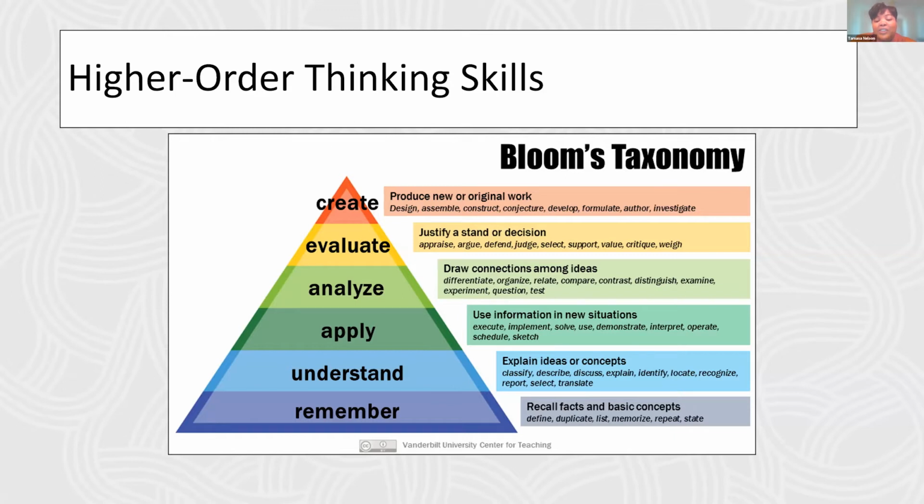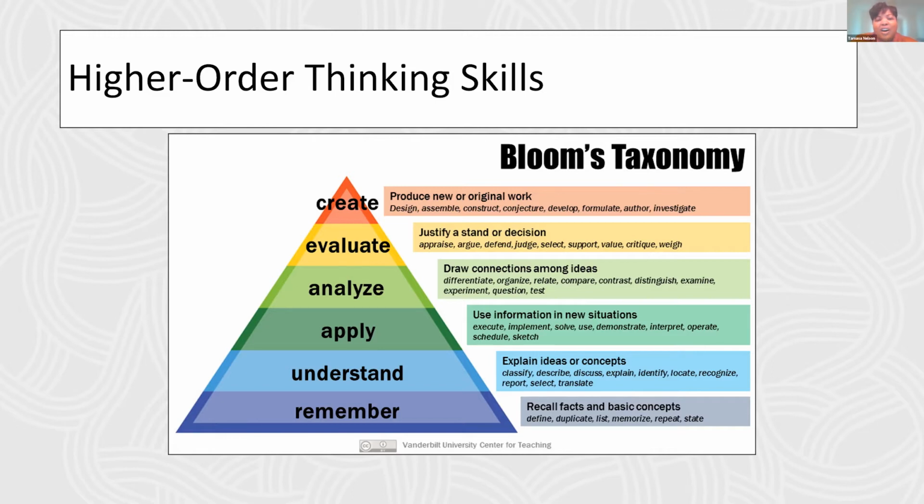And at the cognitive level, we're applying and analyzing. So students are using information in new situations, also analyzing, they're able to draw connections among ideas. And then at the constructivist level, we're looking at how we evaluate information by justifying a standard decision, and then creating, which is actually producing new or original work.